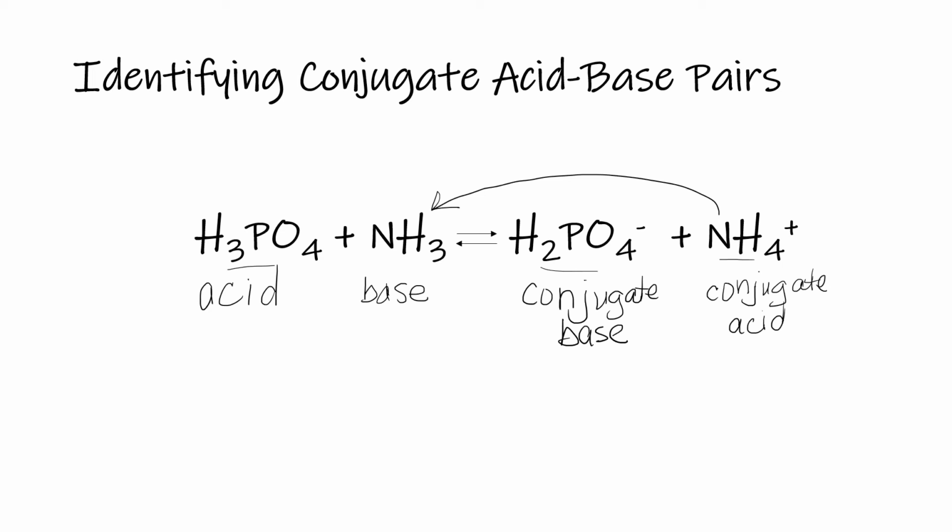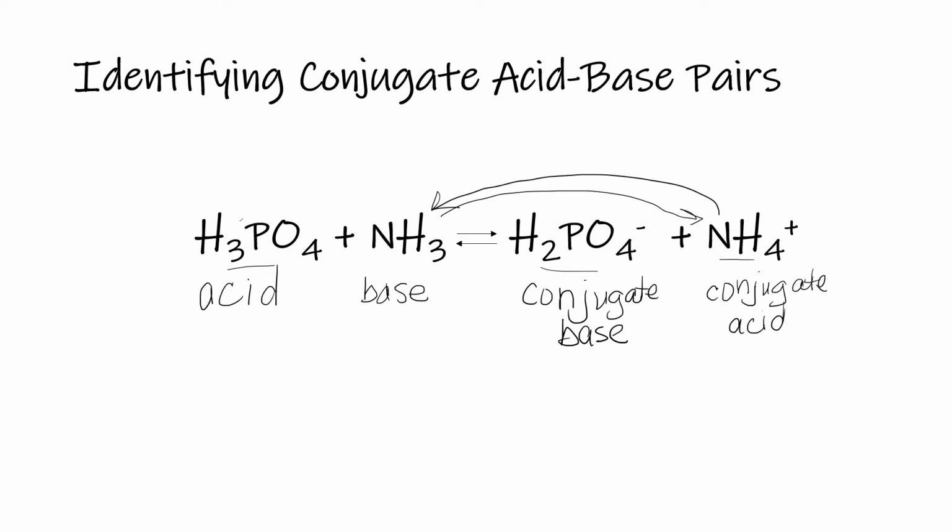So just as a review, our phosphoric acid went from H3PO4 to H2PO4 with a negative charge, and so it lost a hydrogen ion in that process, and so we define it as our acid. Ammonia went from NH3 to NH4, and so it gained a hydrogen ion in that process, and so by our definition, a proton or hydrogen ion acceptor is a base.